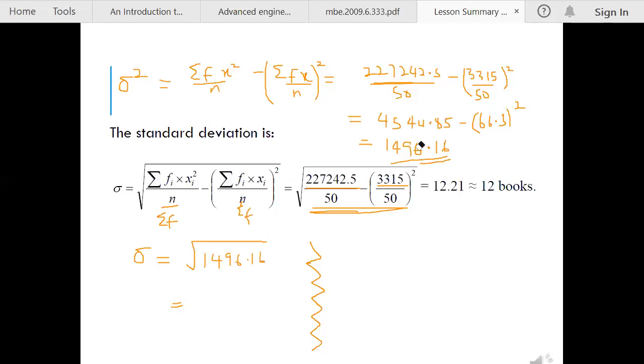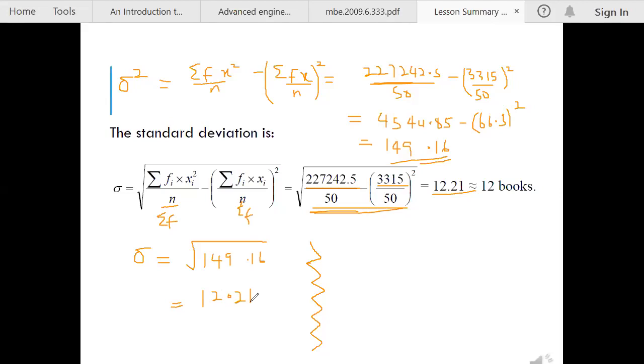Once we find the square root of that, it should give us 12.21. Please cross-check your answers again, very important. Cross-check all results which you are getting.